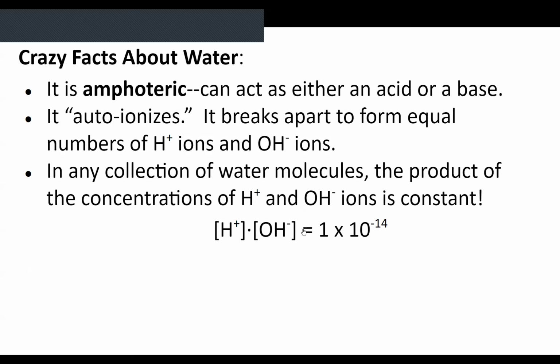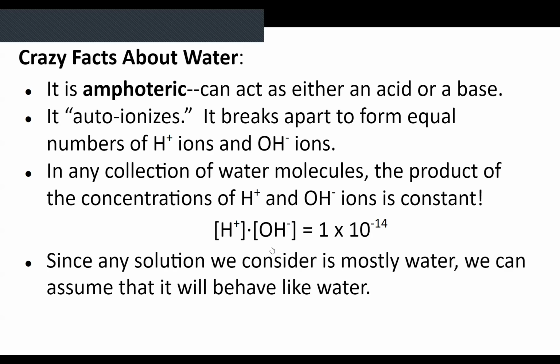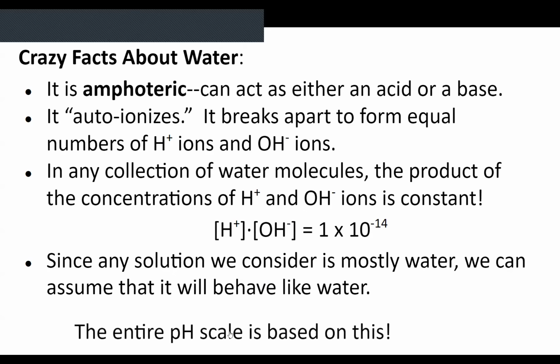This is going to be a really interesting equation, and this equation will provide one of the formulas that we'll find helpful when tackling problems in just a moment. Lastly, since any solution that we consider in class is going to be mostly water, we're only going to deal with aqueous solutions. We can assume that it will behave like water, and thus the whole pH scale is going to be based on this water-like behavior.